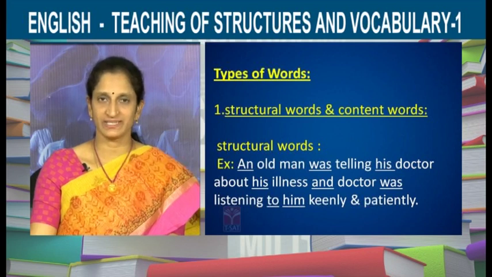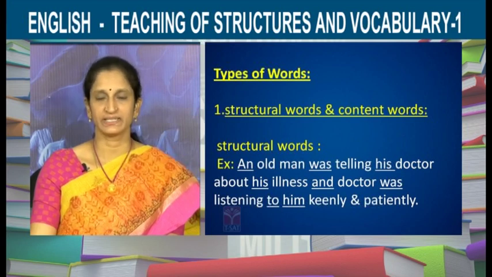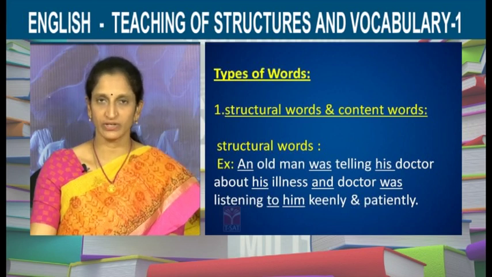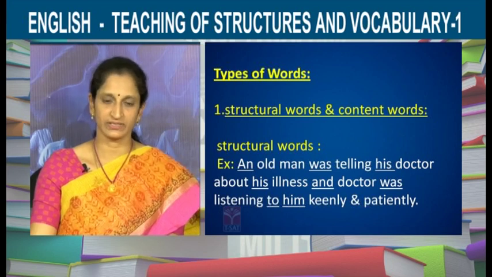The verb was shows that it was a past incident. Telling his doctor about his illness, he is not feeling well. That was the discussion between the old man and the doctor, and the doctor was listening to him keenly and patiently. So this is the structure.